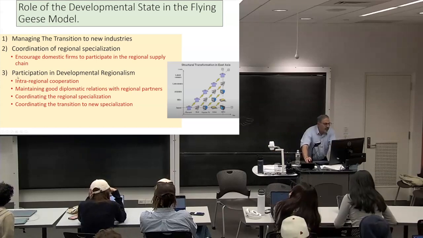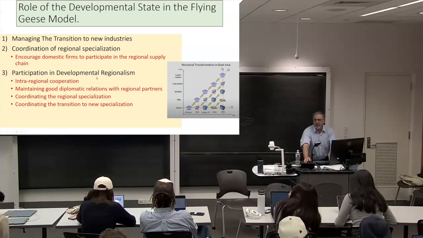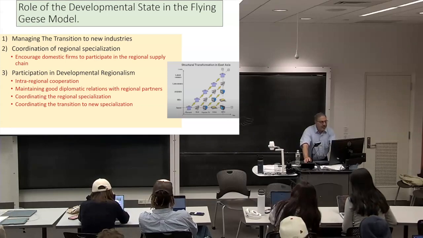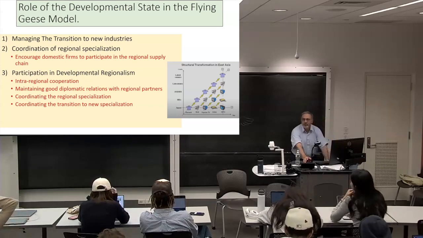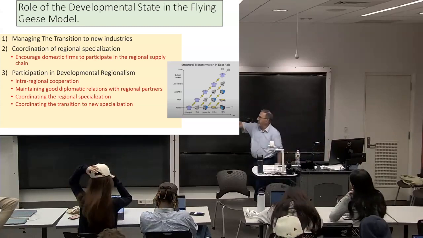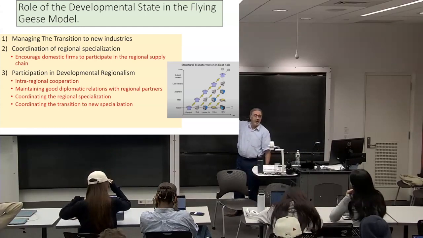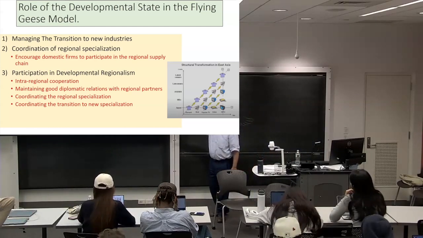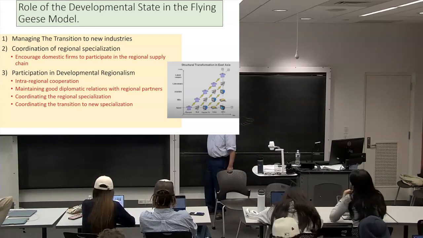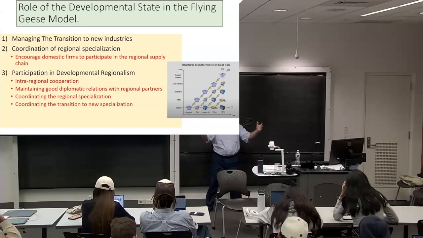Now, another important role of the state in this process is that in Asia, in particular, the economic activity has moved into regional specialization. Just like the graph that you see here, multiple countries participate in industrial activity. They are all export-oriented, and they each do some component part of the supply chain of this complex regional production.